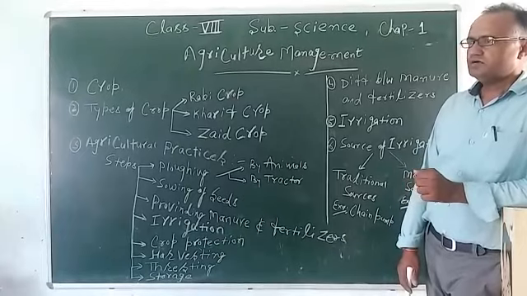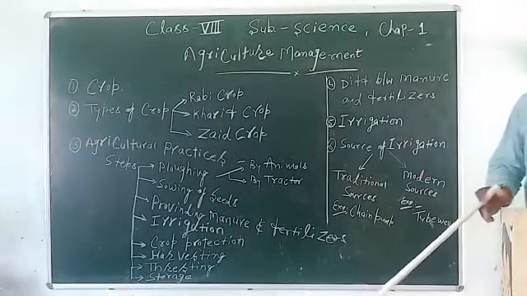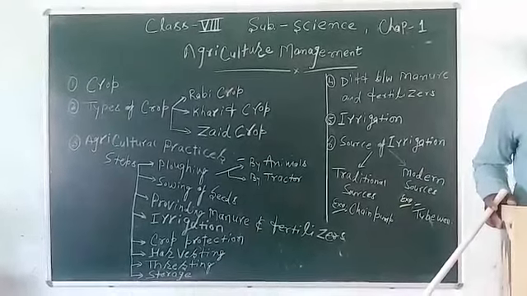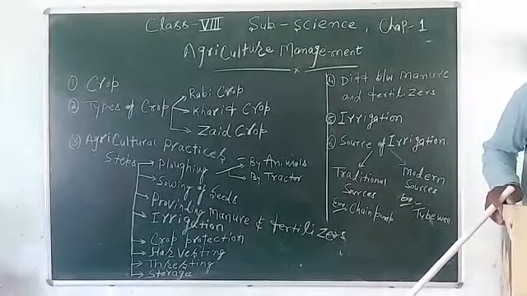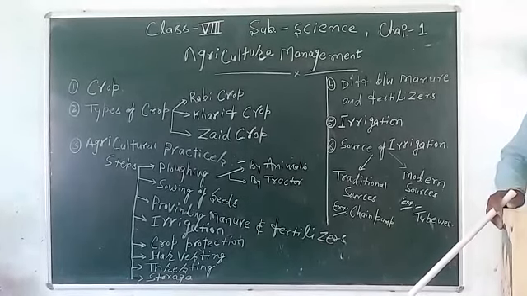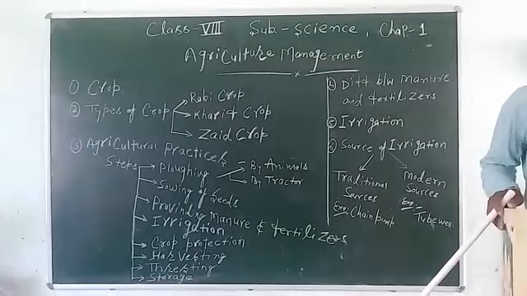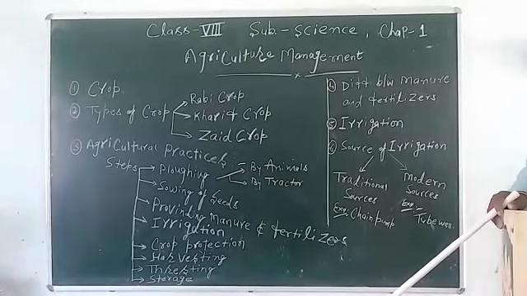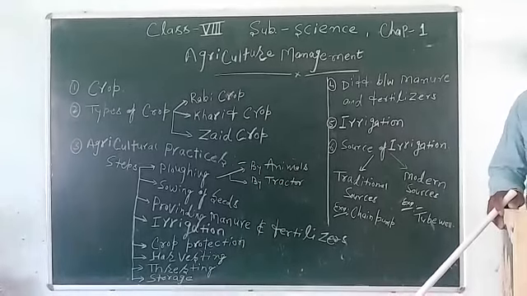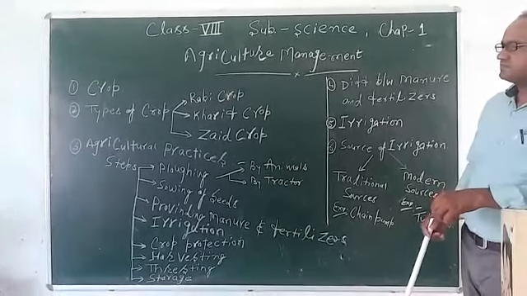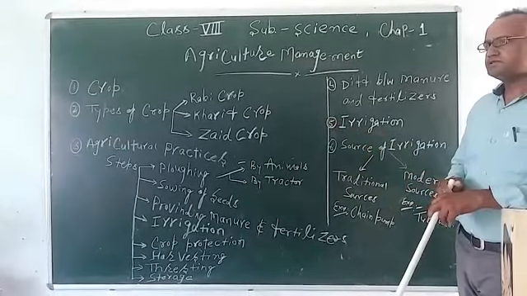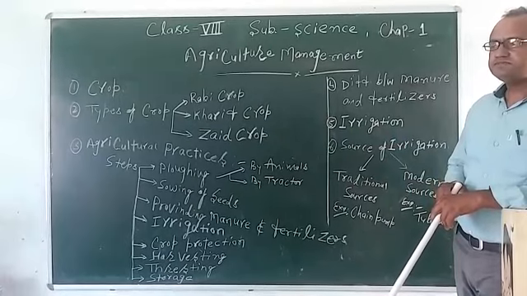Okay. Now, in this chapter, we study about the crop. Plants which are grown in definite seasons are collectively called crops. For crop production we need the seed.